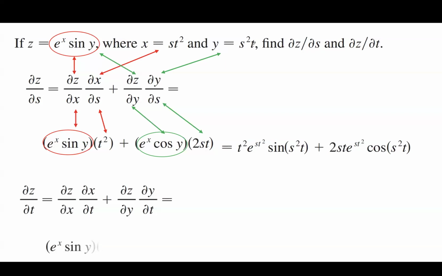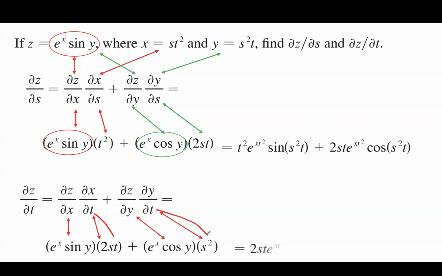This becomes e to the x sine y times 2st, which is the partial derivative of x with respect to t, plus e to the x cosine y times the partial derivative of y with respect to t, which is s squared. Again, we want to get rid of all of the x's and y's, so let us do the substitution.